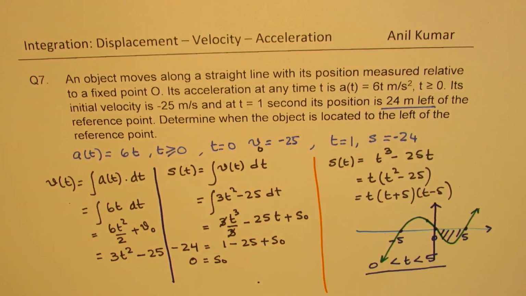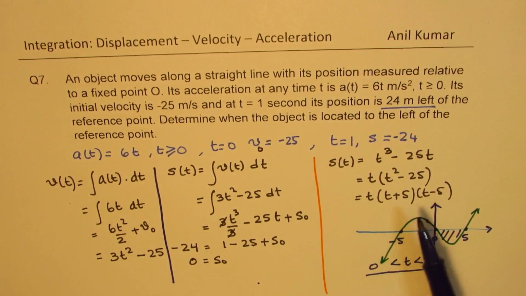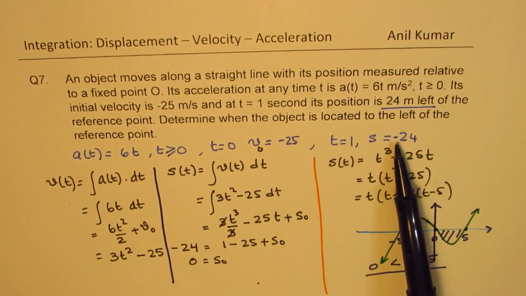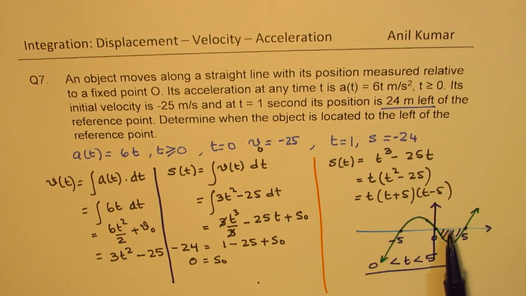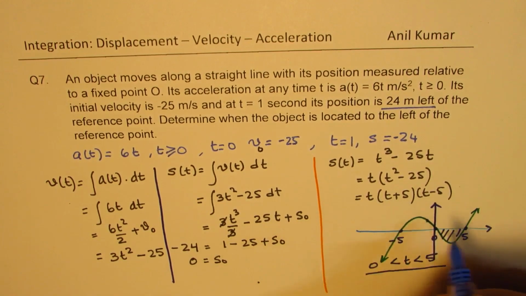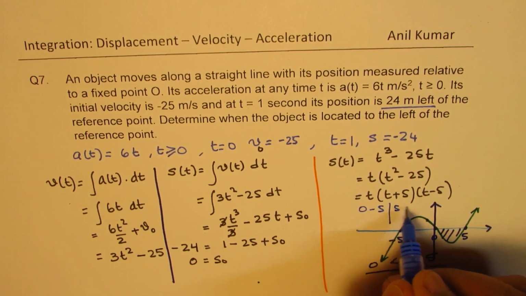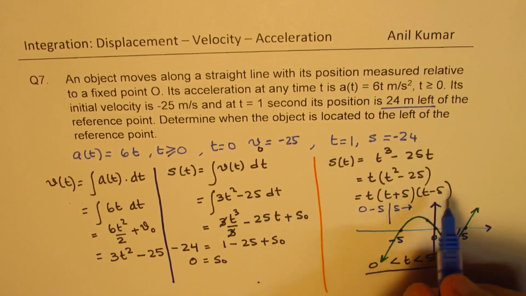So you could do it like this, or you could also test the intervals, right? And this gives you an idea that at 1 it is to the left. That −24 indicates that at 1 it is definitely to the left, and it works well with the graph shown here. So I hope that helps. Some of you can also test the intervals between 0 to 5, and then from 5 to a greater number.